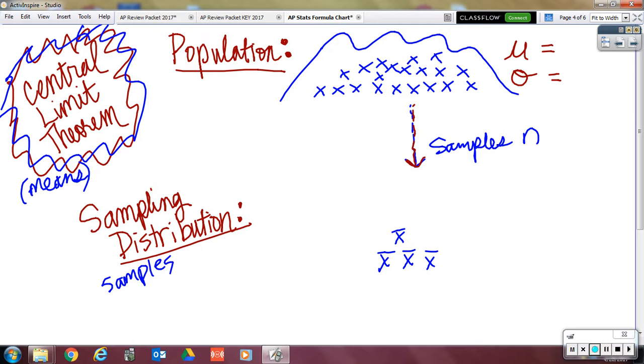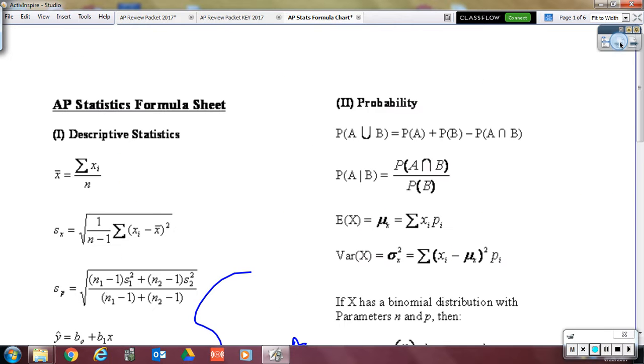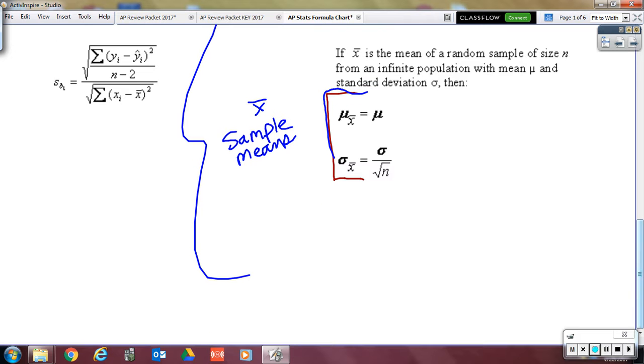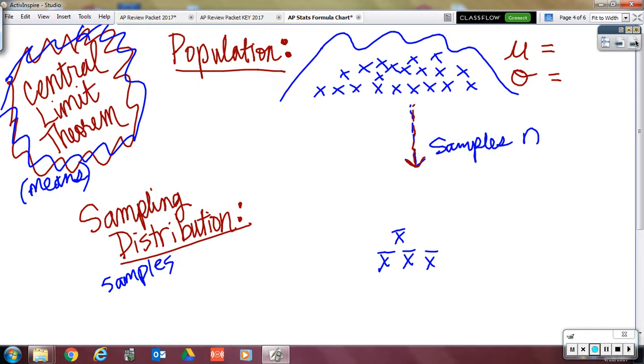And those have new formulas from our formula chart right here, on the other page. Do you see how there's the mean of those sample means, and there's the standard deviation of those sample means?